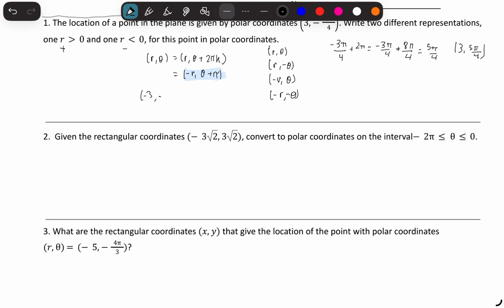Now, pi can be represented as 4 pi over 4, and that's equal to pi over 4. So that's going to give us the point -3, pi over 4.